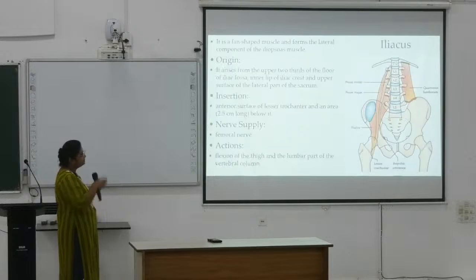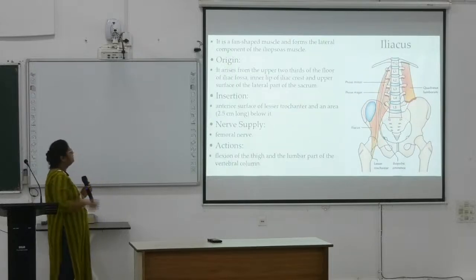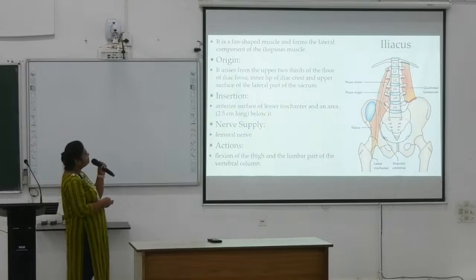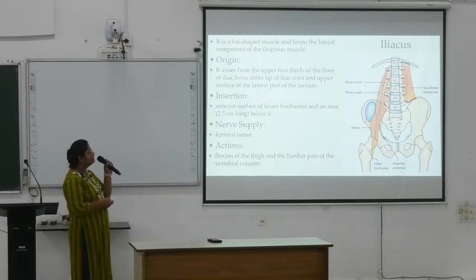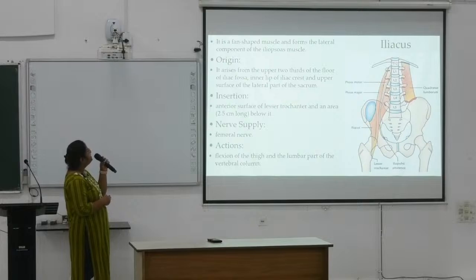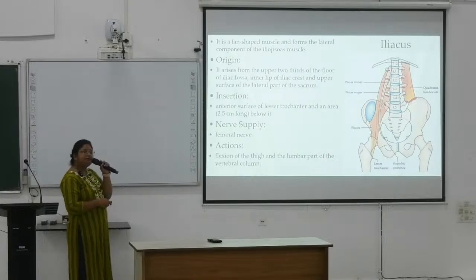Next is iliacus. See, in the iliac fossa, there is the iliacus muscle. It is a fan-shaped muscle and forms the lateral component of the iliopsoas muscle. Origin, it arises from the upper two-thirds of the floor of the iliac fossa, inner lip of the iliac crest, and upper surface of the lateral part of the sacrum.